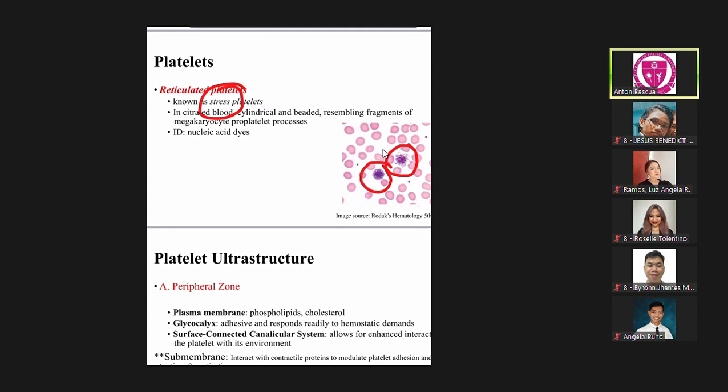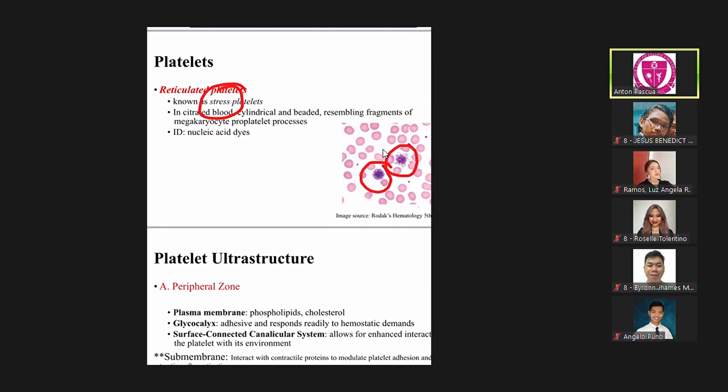Or let's put it simply. Gawin natin simple lang. Mababa yung platelet count mo ngayon, for example. Okay? So kung mababa yung platelet count mo, your bone marrow will respond. Okay? It will compensate. Ang ginagawa ng bone marrow is pinapabilis yung paglabas ng platelets natin.